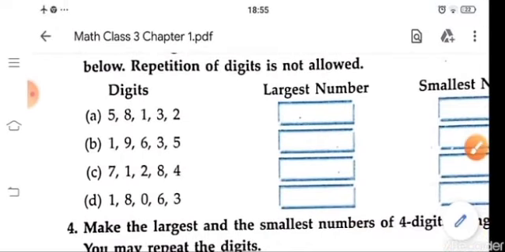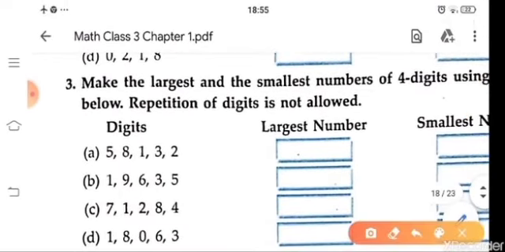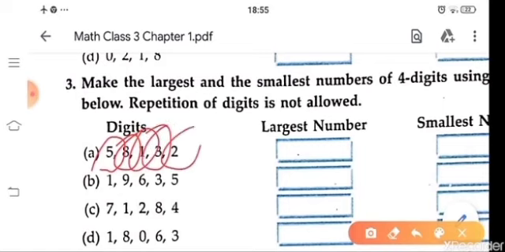Same example here, children. Largest and smallest number, and repetition of digits is not allowed. That means we cannot use numbers more than once. We can write 5 one time, 8 one time, 1 one time, 3 one time, 2 one time.